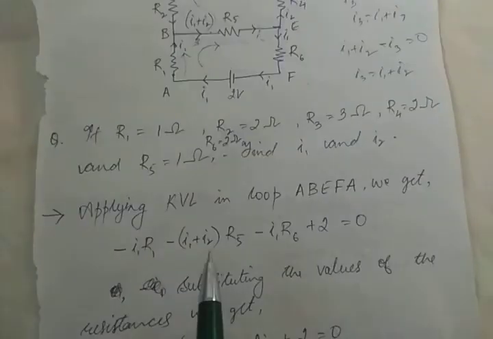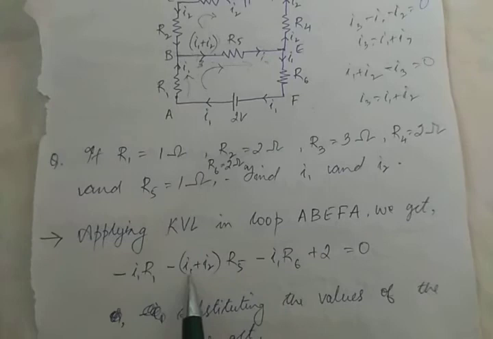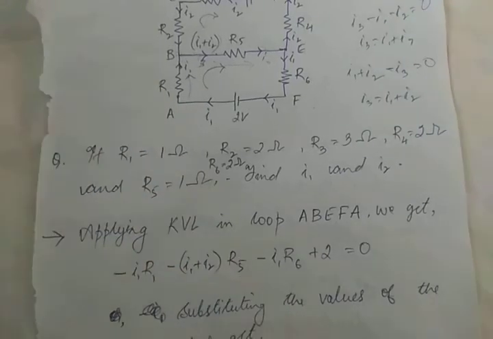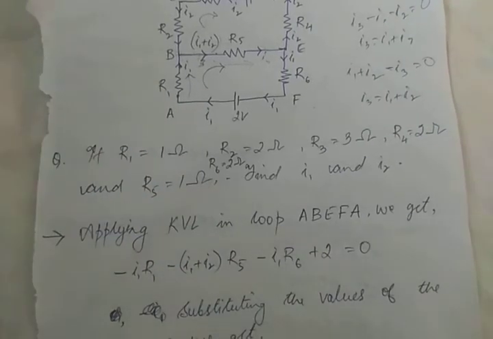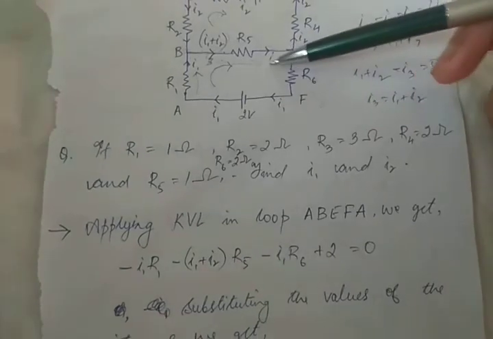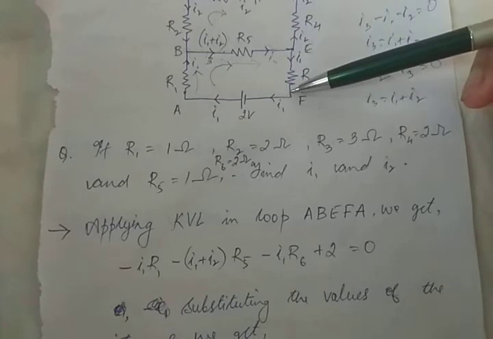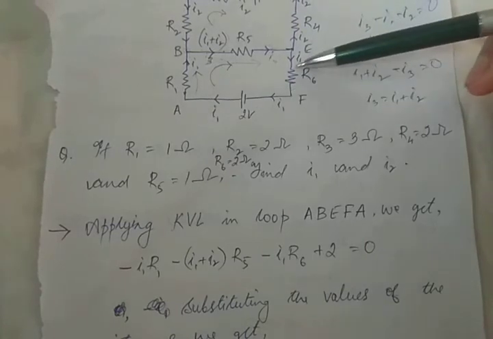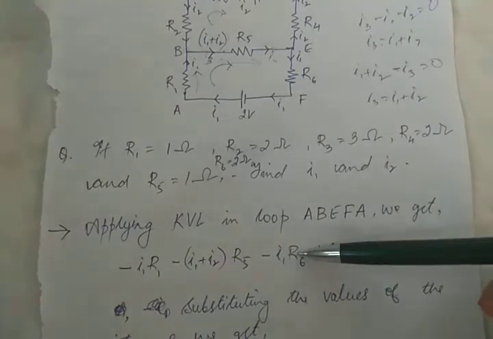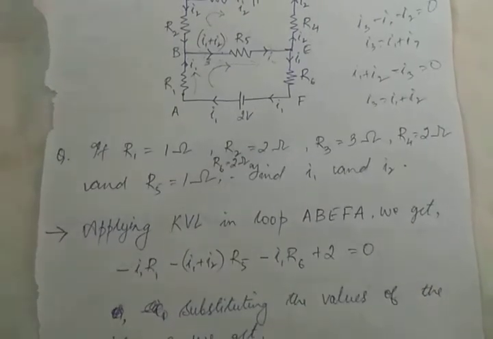Therefore potential difference across R5 is also minus (I1 plus I2) into R5, negative potential. Then we encounter R6. Our direction of movement is clockwise, so we are again moving from higher potential to lower potential. So potential difference across R6 is minus I1 R6.